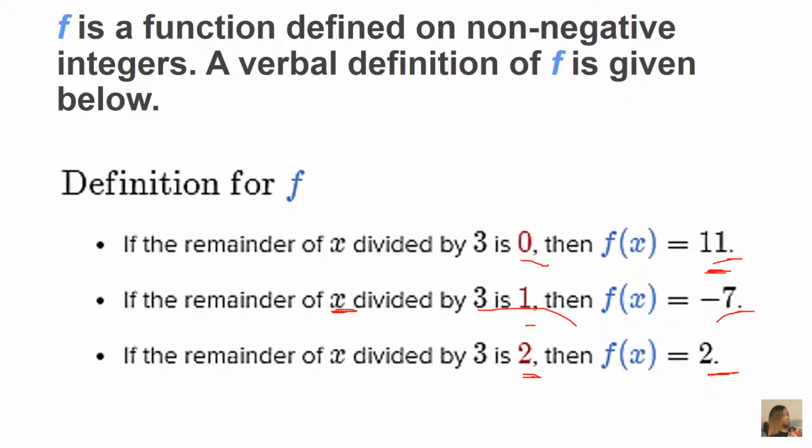Okay, then you would get -7. And let's say that x were 5, a remainder of 2, therefore f of x would be 2. And every other value in between would give you some f of x that ranges between either 2 and -7 or 2 and 11. So there is a periodicity over a range of 3.